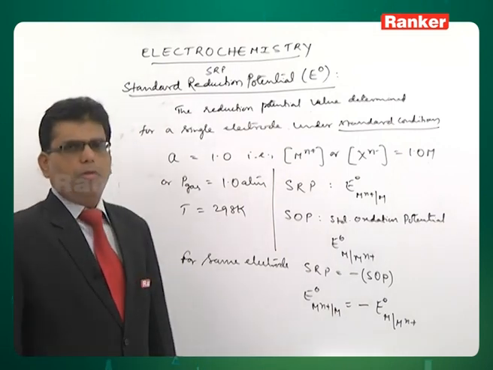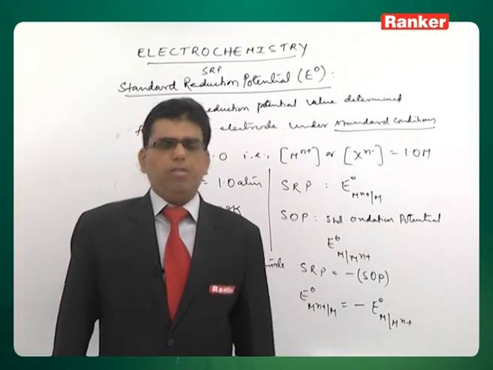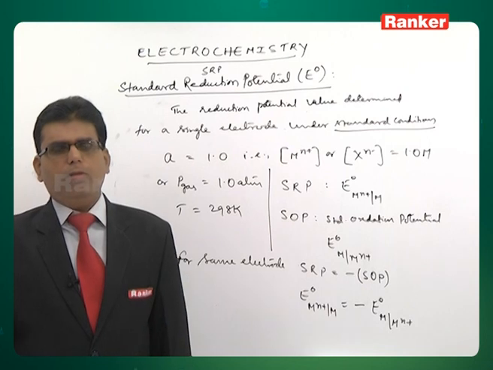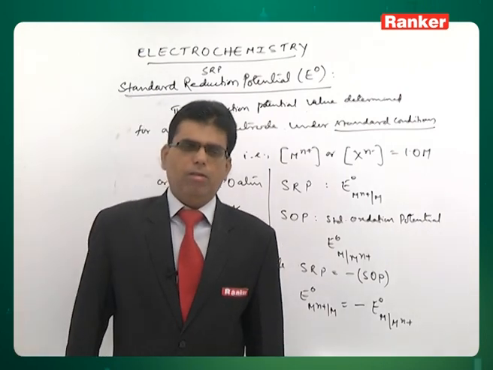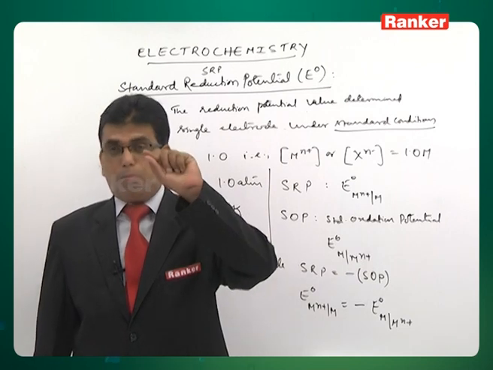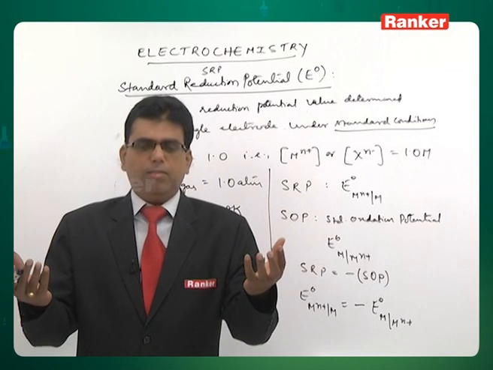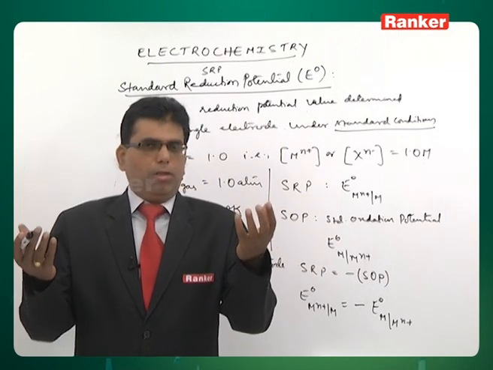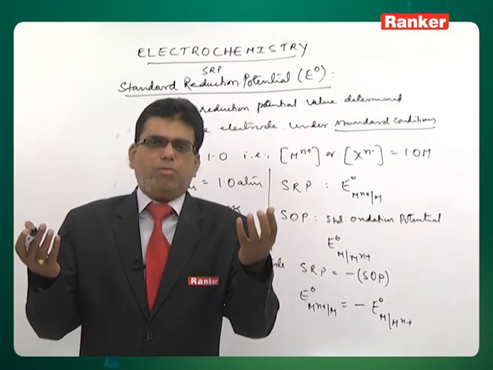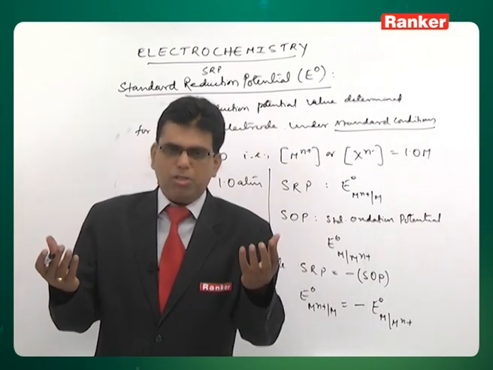Then how to measure this standard oxidation and standard reduction? Obviously, if you take one single electrode, you cannot measure any potential. What we always measure is the potential difference between two electrodes, like zinc and copper. In the same example, zinc and zinc ions will have a certain potential, their own potential.